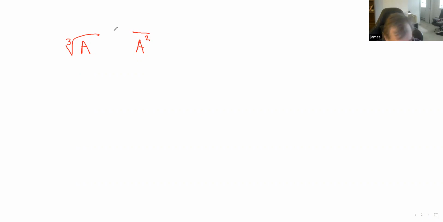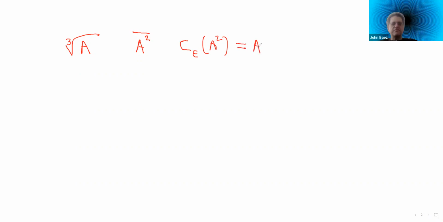If I wanted to make the notation better, maybe I would say C for conjugation, sub E for Eisenstein, and then A squared. But anyway, the condition is I want this to be equal to the original A. I should say, I didn't say that right. To be equal to A up to a factor of a cube.